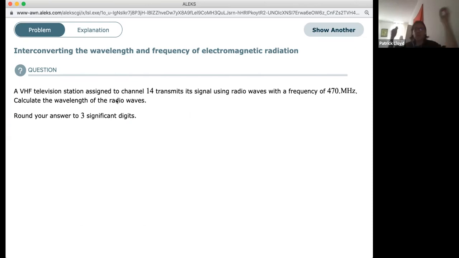I don't know how old this question is, but I do know the frequencies have changed since they came up with HDTV. There used to be what they called VHF, which was channels 2 through 13. For some reason, they never had channel 1. VHF is very high frequency. And then they wanted to have more, and their technology got better.